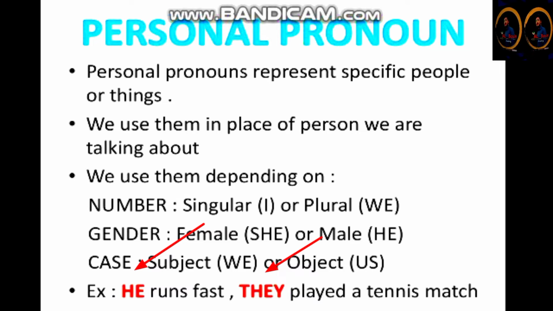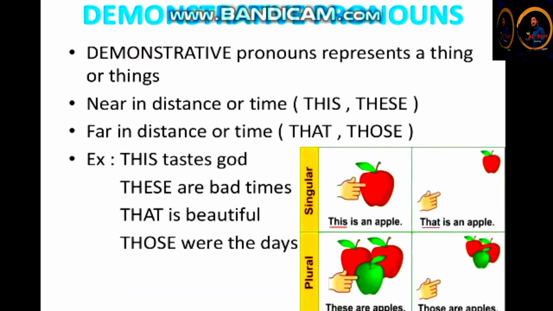Here are the examples. He ran fast, they played a tennis match. So he and they are personal pronouns, and ran and played are verbs. What is a verb? A verb is a word which shows an action.